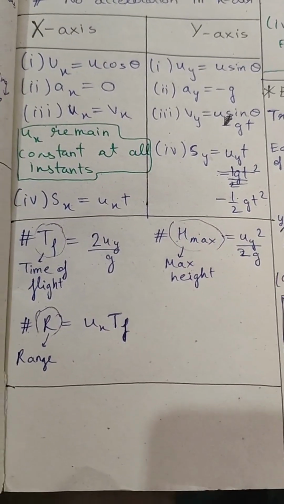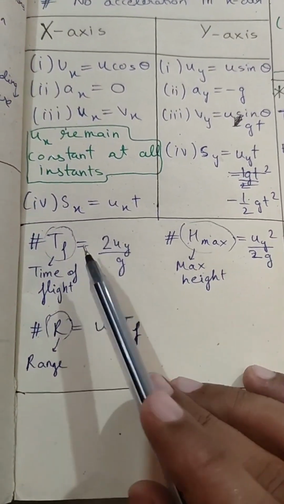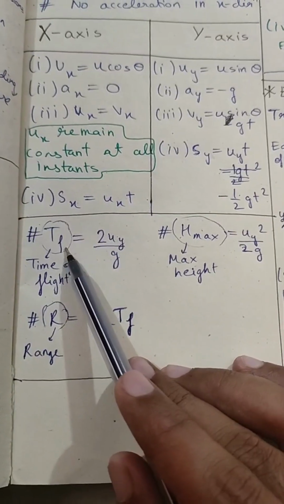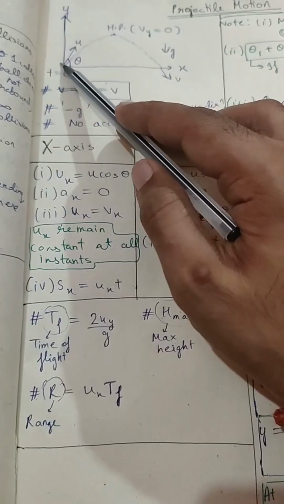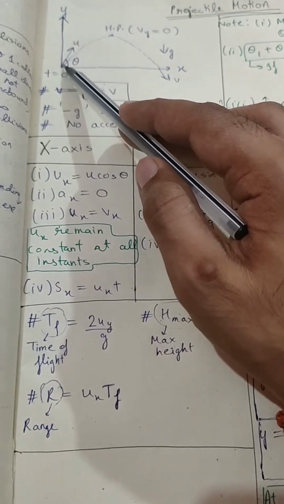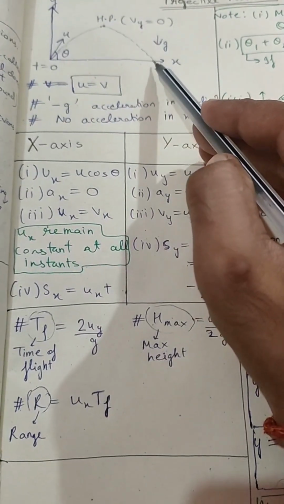Now we start the three important formulas we have for projectile motion. The first formula is time of flight, denoted by TF. Time of flight is basically the time the ball takes from when we throw it to when it reaches the ground.